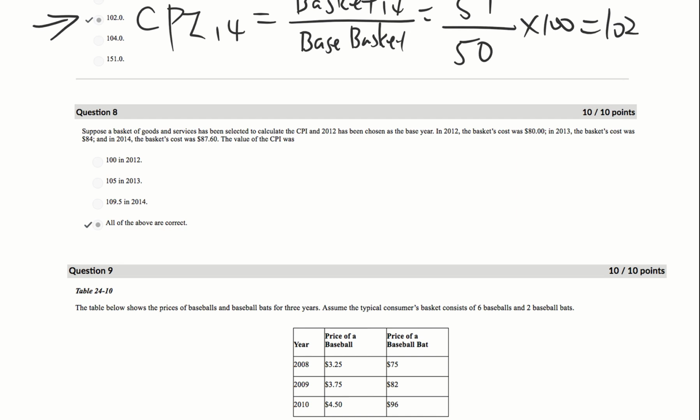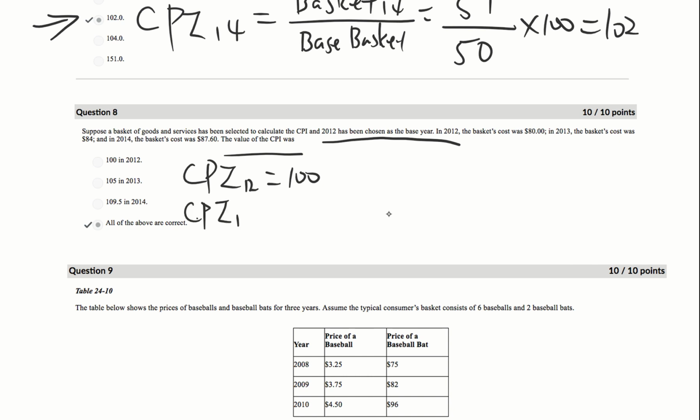All right, and the next one, a similar question again. It's a value for CPI. We're going to find the CPI for all 3 years. Base year is 2012. Then your 2012 CPI is going to be 100, because the base year is always 100.